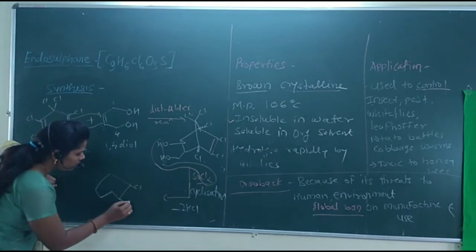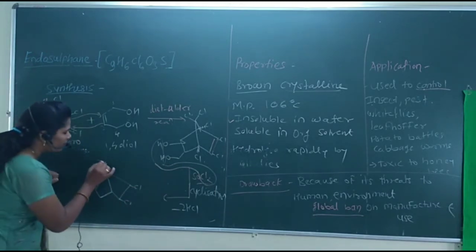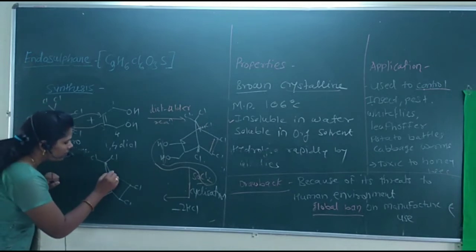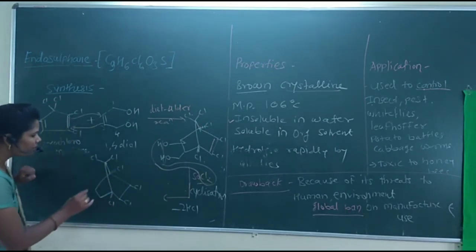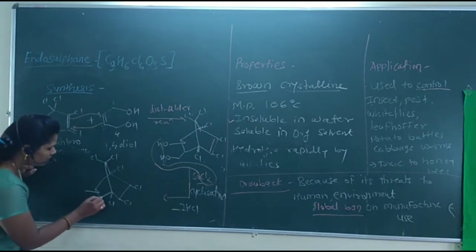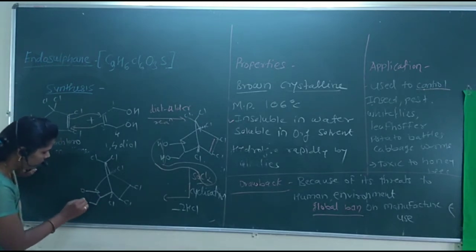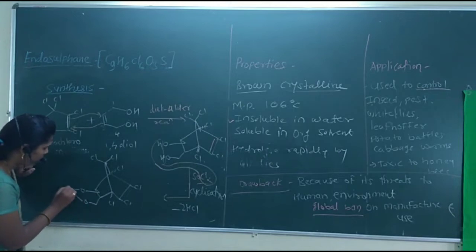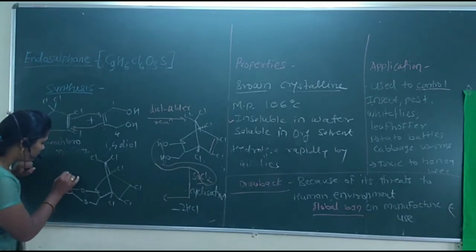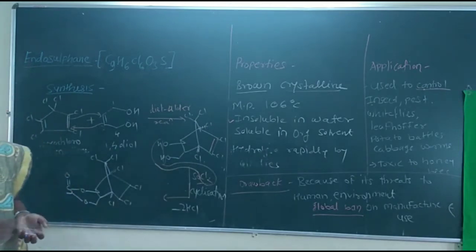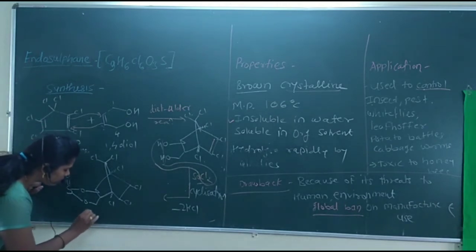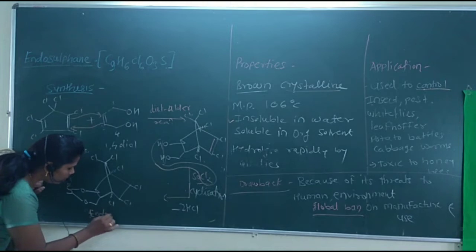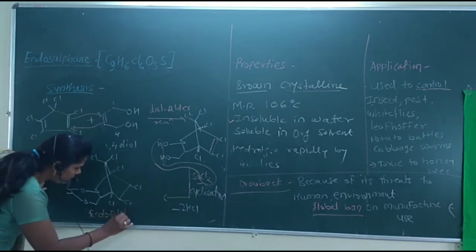The chlorines and the bridge remain as they are. Here the oxygen is bonded to sulfur, and sulfur is bonded to the other oxygen. This is the product which we call endosulfan.